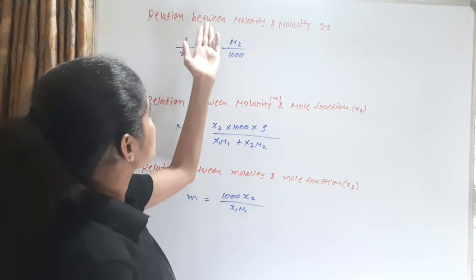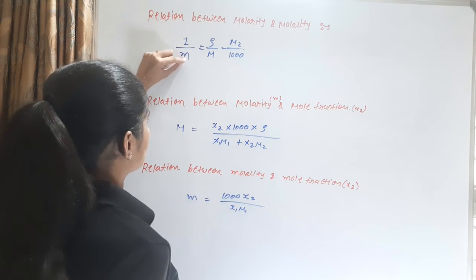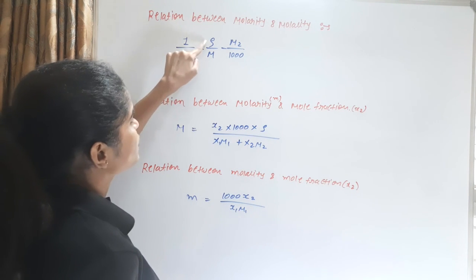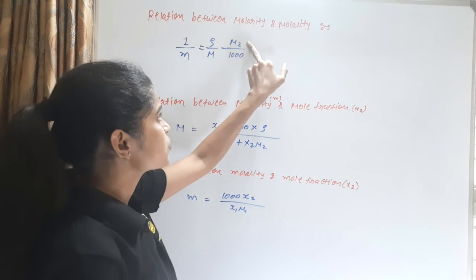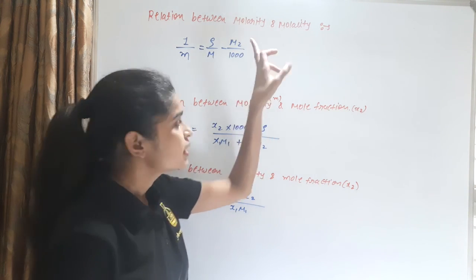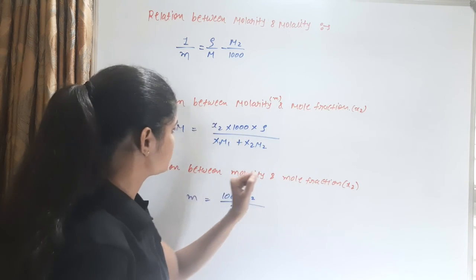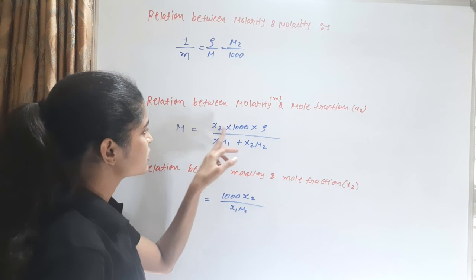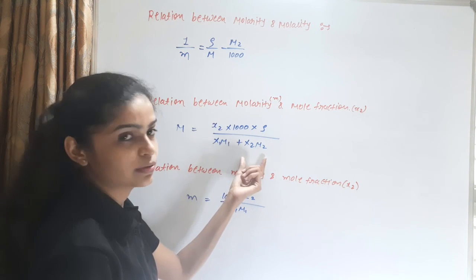Next is the relation between molarity and molality: 1 by m, where m is the molality, equals rho by M (molarity) minus m2 upon 1000, where m2 is the mass of solute. Then next, the relation between molarity and mole fraction: M is equal to x2 multiplied by 1000 into density upon mole fraction.